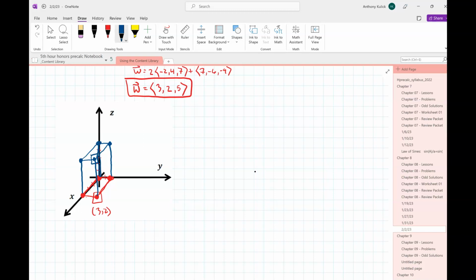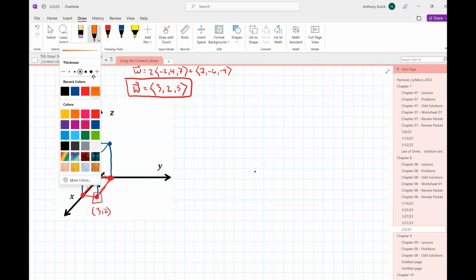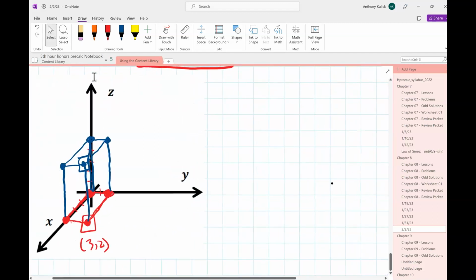It's that. But that's not a vector, that's just a point that we've drawn. How do I turn it into a vector? I draw the arrow from the origin to my point.